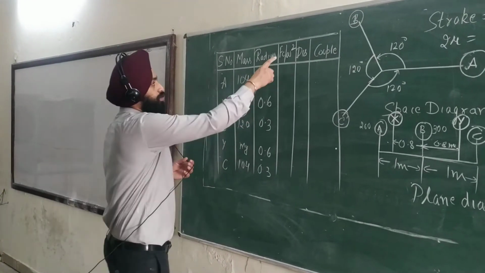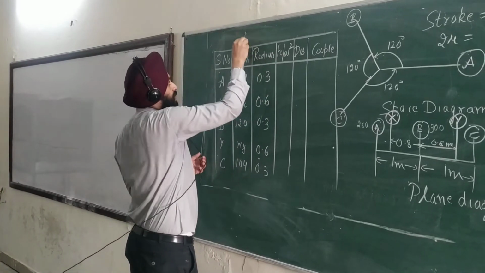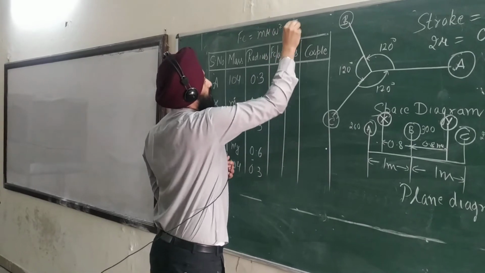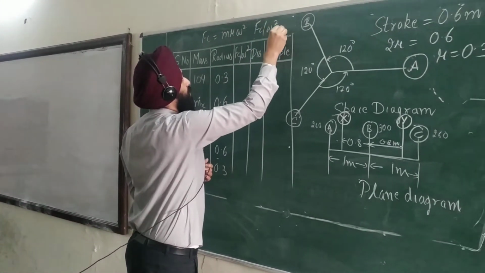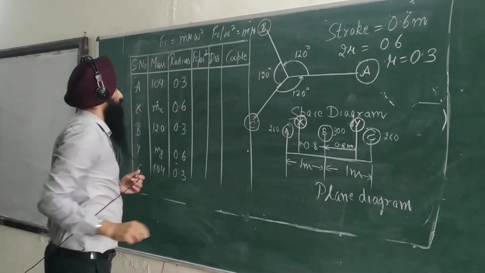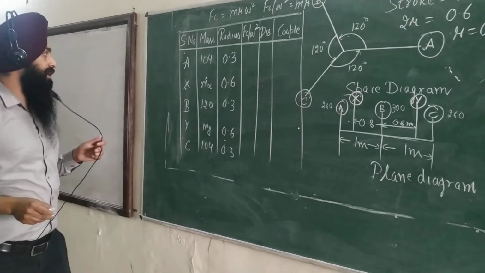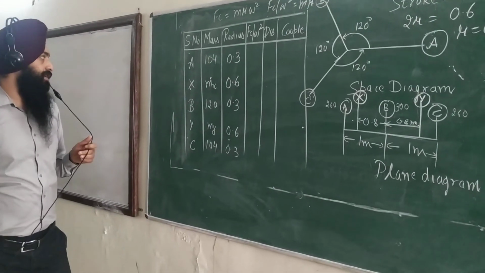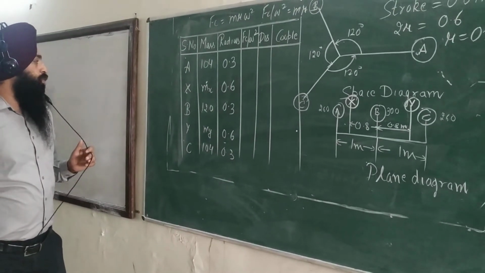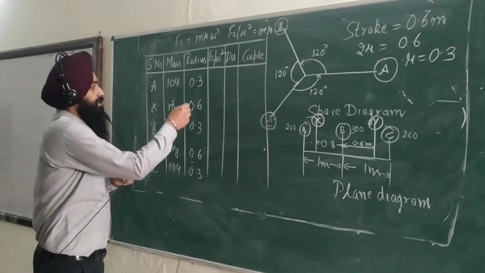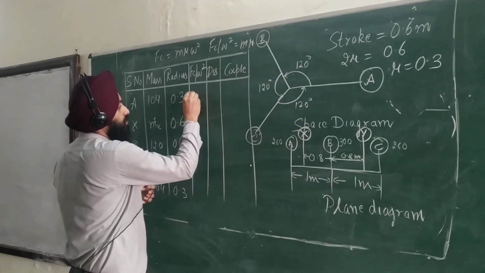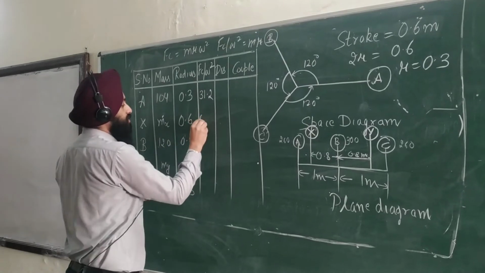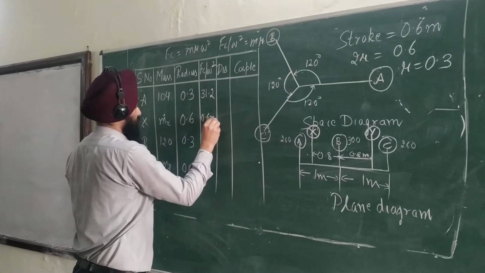For centrifugal force divided by omega square, we know that Fc is equal to m r omega square. So the value of Fc by omega square is equal to mass into radius. 104 into 0.3 is 31.2. Then 0.6 into mx.